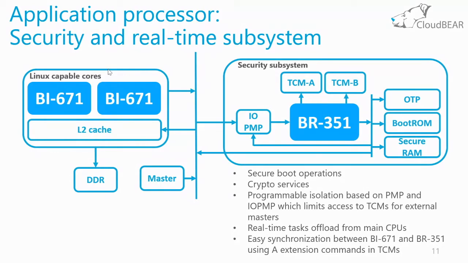There are easy synchronization mechanisms between BI671 and BR351, basically based on atomic operations of the RISC-V extension, which you can perform from both cores directly in the TCM memories of the BR core. So the BI core can access, if allowed by IOPMP, the TCM memory of BR351 and run some synchronization algorithm.